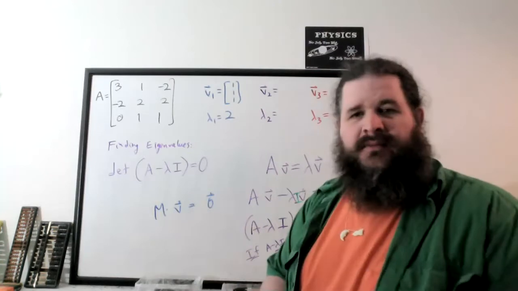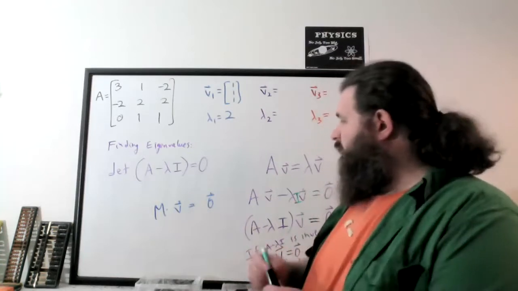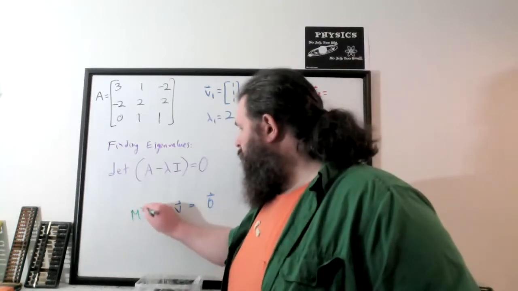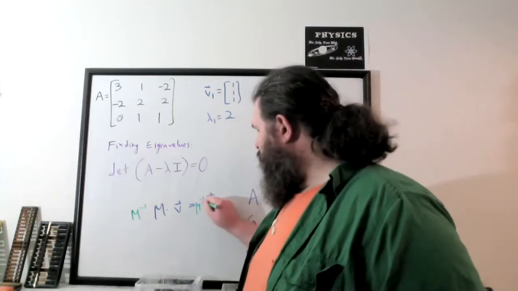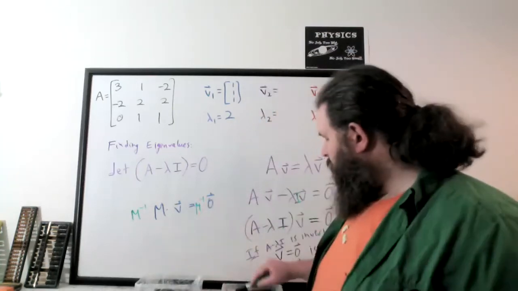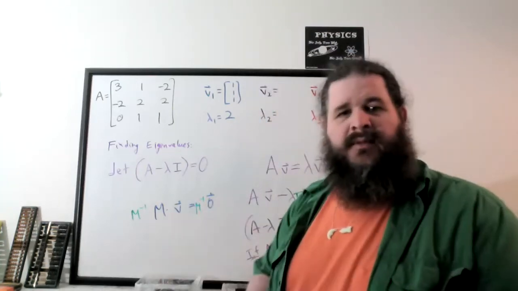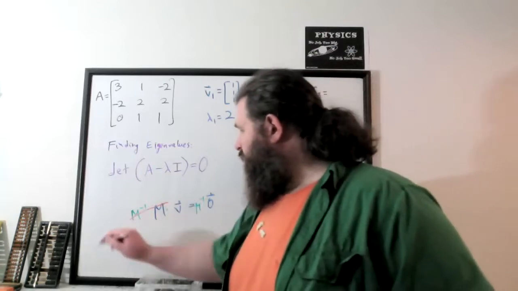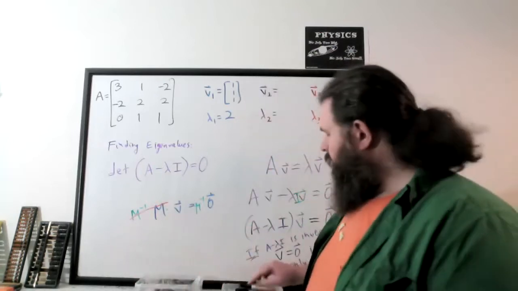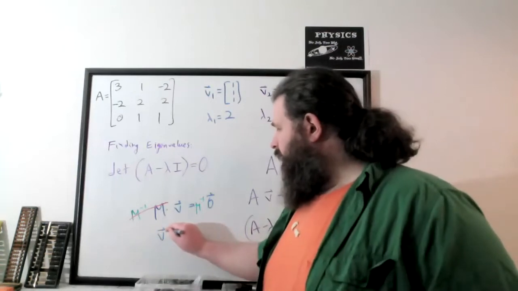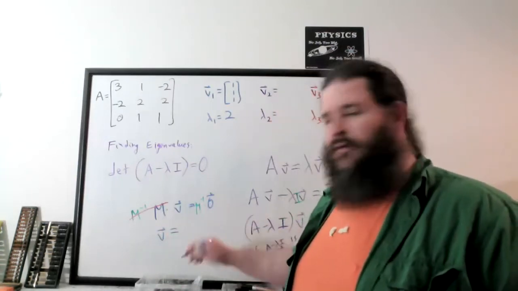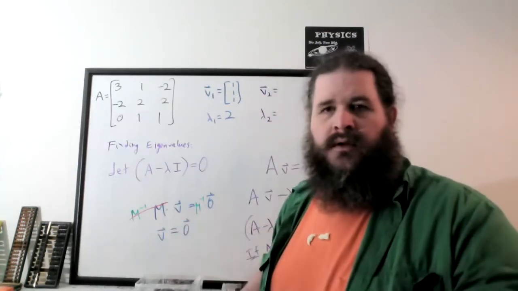If M happens to be invertible, that means there's some matrix M inverse that you can multiply, in this case, on both sides. And M inverse times M would be the identity matrix, which effectively cancels out. So you'd end up with V equals, and then anything times the 0 vector would be the 0 vector.